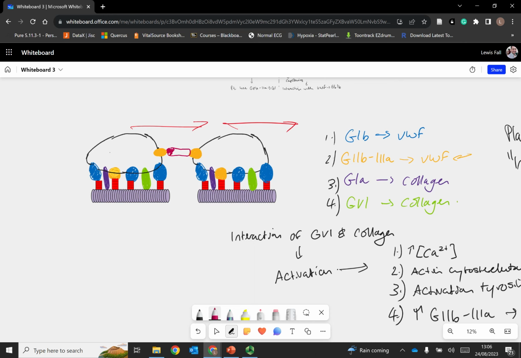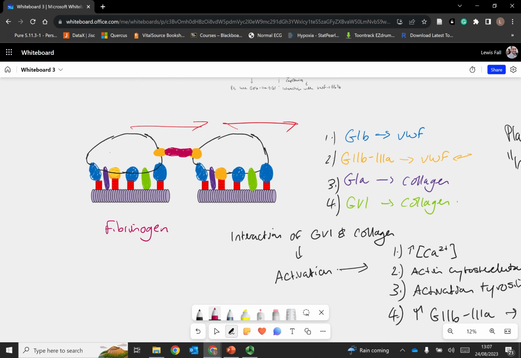platelet using a different molecule. And that molecule is fibrinogen.